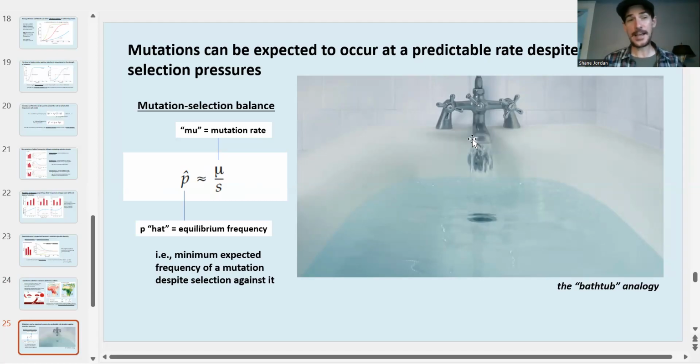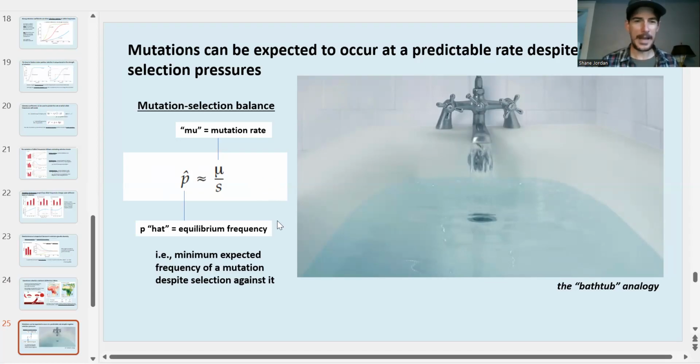And so as it turns out, despite the fact that selection is very good at removing harmful mutations from populations, those harmful mutations seem to continually reoccur again and again at predictable rates. Now, often these rates are very, very small, but they exist nonetheless.